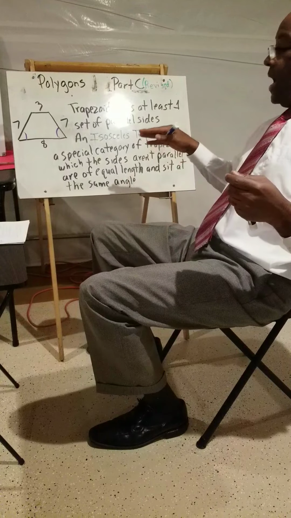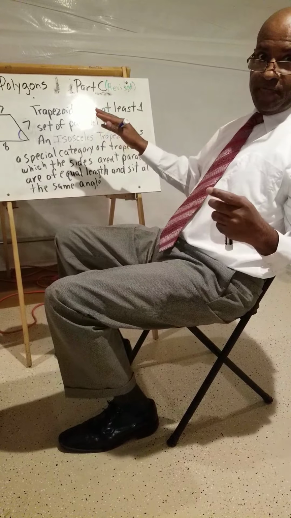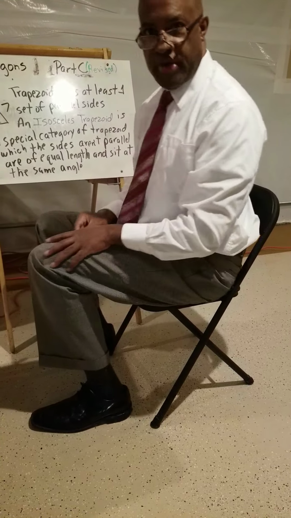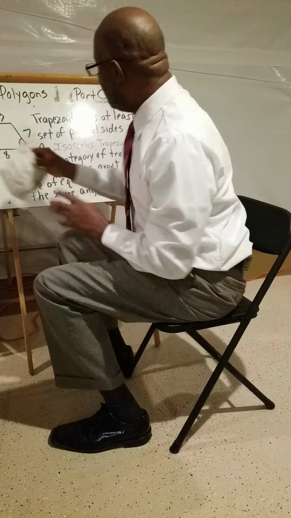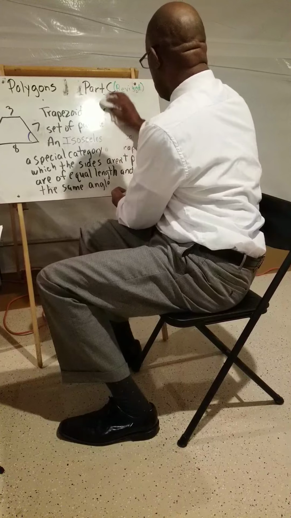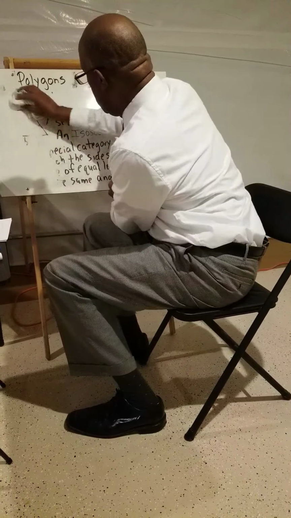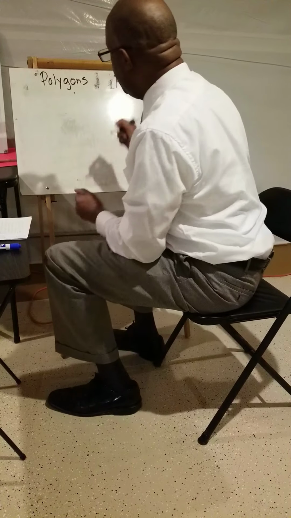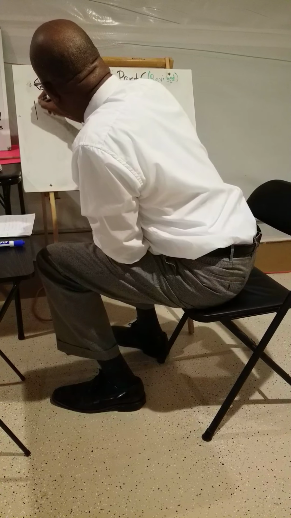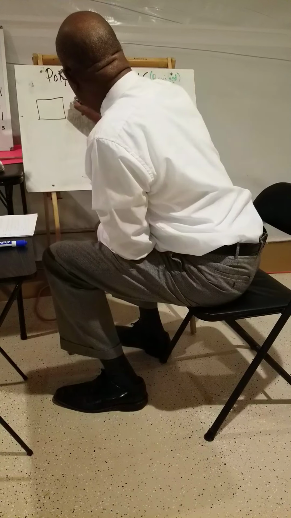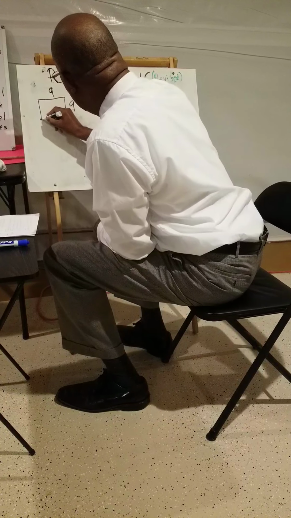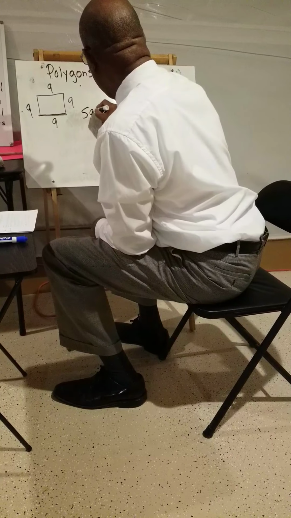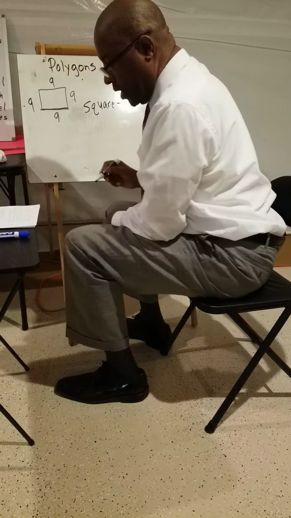So boys and girls, I'm going to move forward, but you all can pause this in your virtual learning and go back to look at what a trapezoid is all about. And then our final quadrilateral is one that we're most familiar with. And that's the square. So what are its attributes?